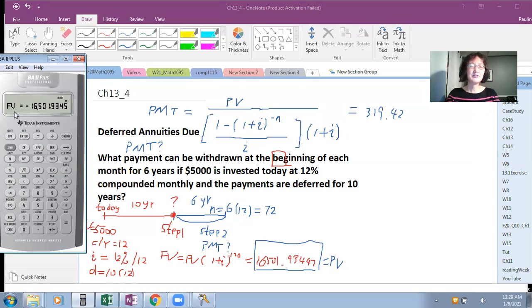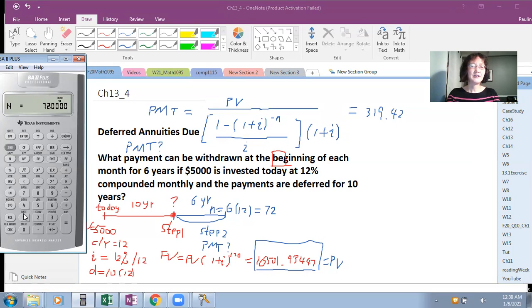And this future value becomes present value of this annuity. So I'll just press PV, present value, PV. Interest is still 12%. I already pressed. You can press it again. Term N is 72. So 72 is term N. Okay.